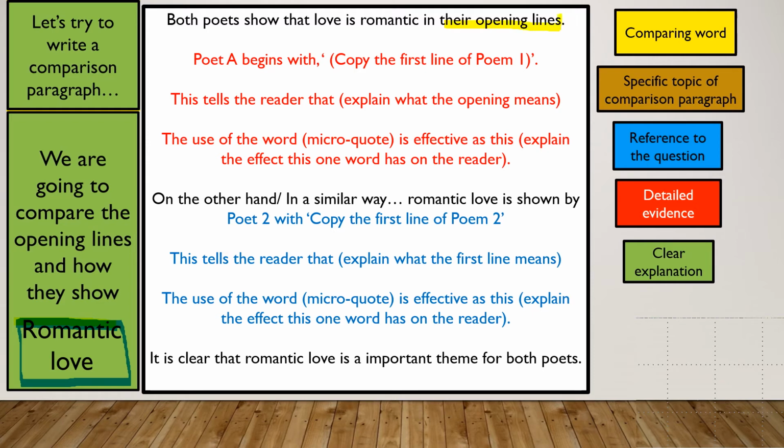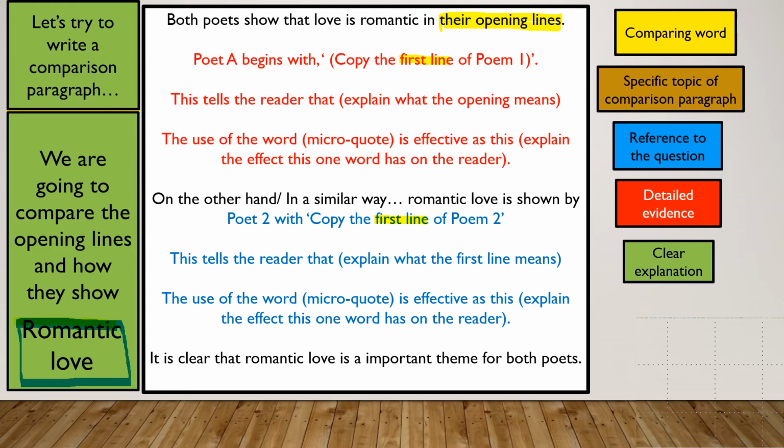It's very important that when you compare poems, you do only one thing at a time. So this paragraph is only going to be looking at opening lines. You'll see it says opening lines in the first line up there, then it says the quote is the first line, and then it says first line here as well. So you're only looking at first lines today on this particular paragraph.